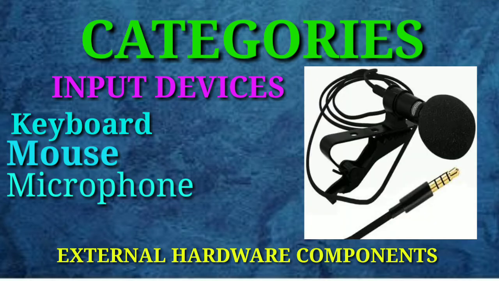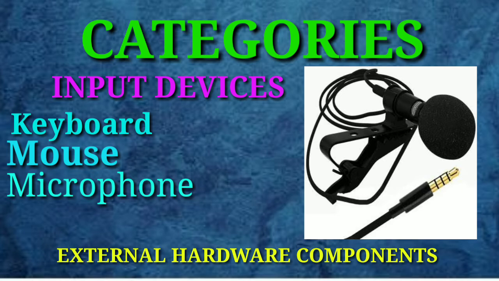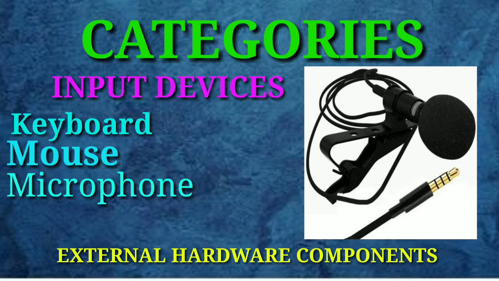In different cases we can use a microphone as an input device. A microphone is an input device to input sound, that is then stored in a digital form. Microphone is used for various applications such as adding sound to a multimedia presentation or for mixing music.